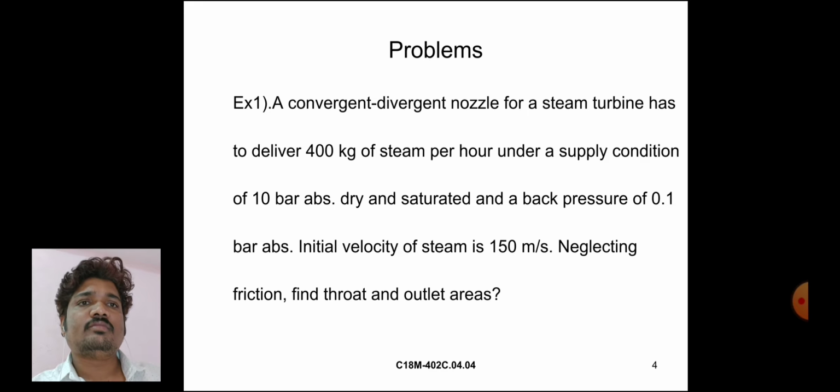First problem: a convergent divergent nozzle for a steam turbine has to deliver 400 kg of steam per hour under a supply condition of 10 bar absolute, dry and saturated, and a back pressure of 0.1 bar absolute. The initial velocity of steam is 150 meters per second.